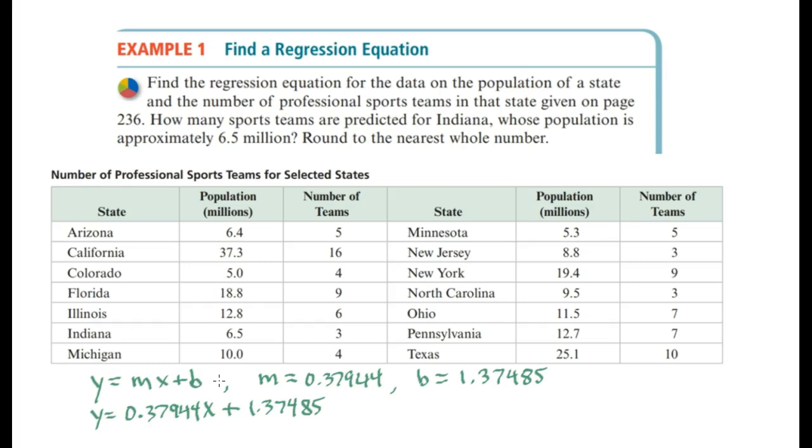Now we can use that information to determine how many sports teams are predicted for Indiana, whose population is 6.5 million. So the population is in millions. So 6.5 million tells us that X is equal to 6.5, because that was our X value. So now we can just plug in X equals 6.5 into this equation.